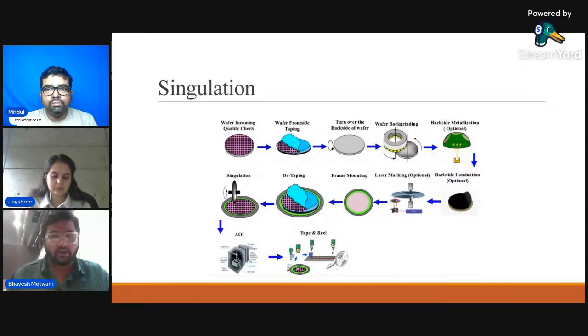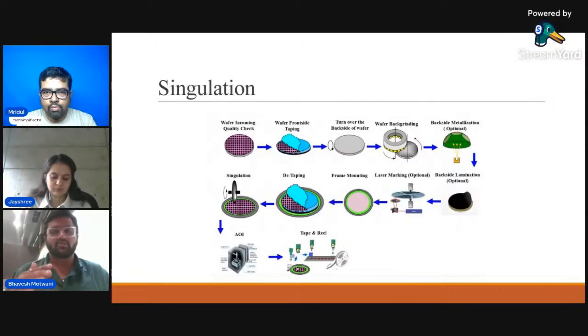I'll help you understand with this flow. The wafer comes from a quality check, then we do a proper lamination, or you can say taping on it. We do back grinding of it. Back grinding is done to have less power dissipation, because if our die is very thick, power dissipation can be a problem, and leakage current can be a problem.